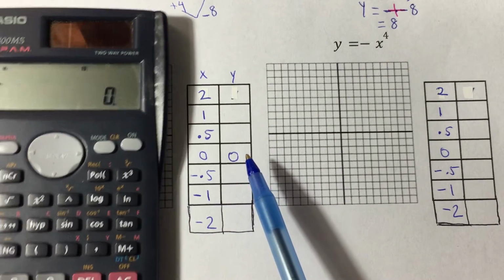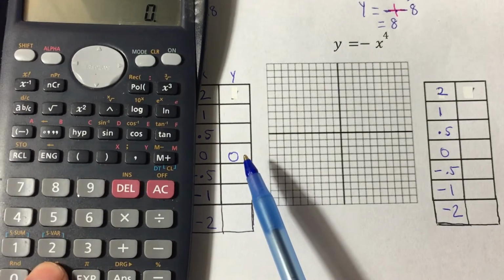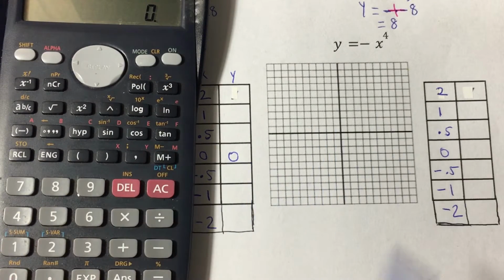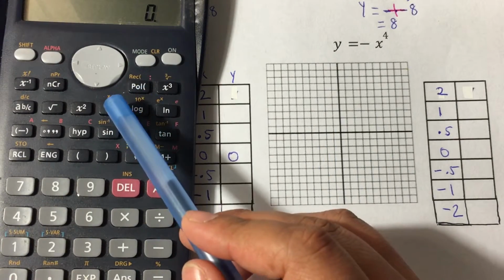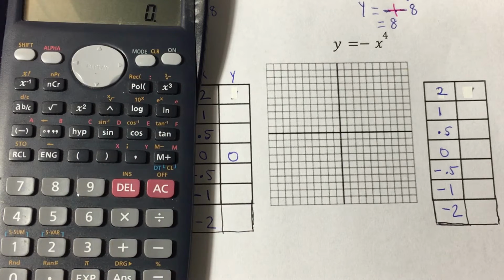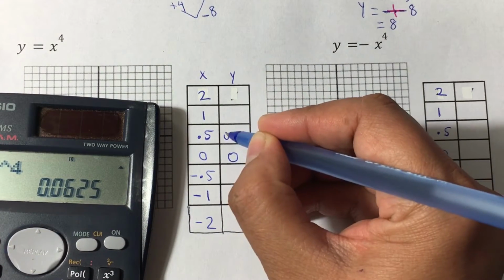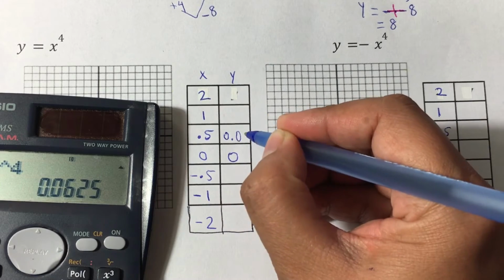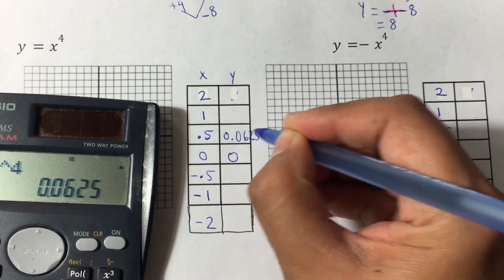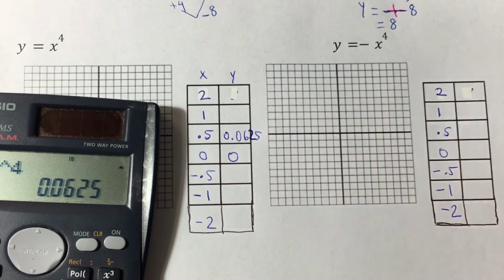So we're going to do 0.5. In this calculator, it has a little arrow that says power. Then you just put to the fourth power and press equal. That's the value for y, 0.0625. Okay, and you can round it to 0.06.